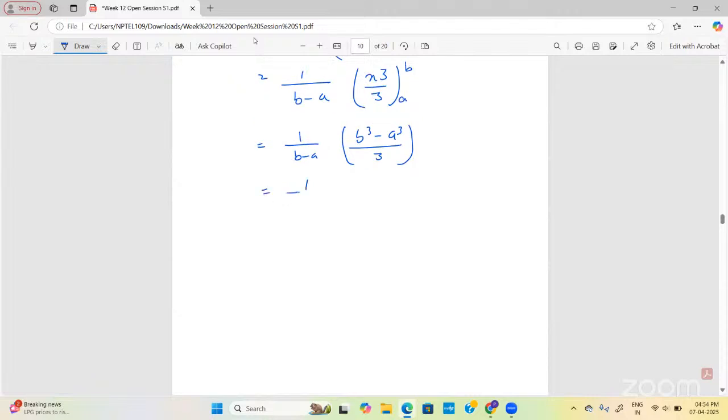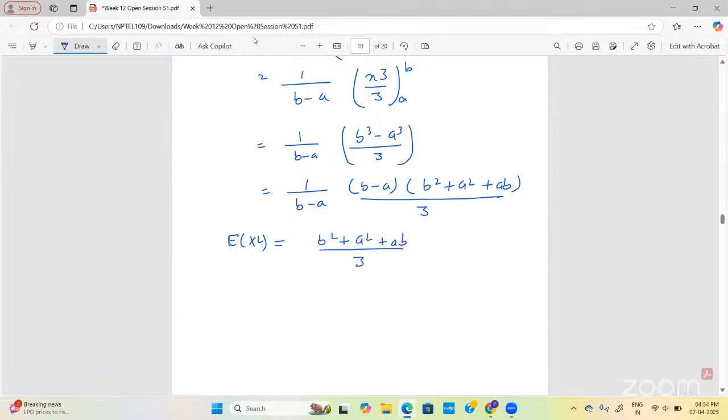Now you can open the formula for B cube minus A cube. It will be B minus A times B square plus A square plus AB, divided by 3. Again, B minus A will be cancelled out. So expectation of x square will be B square plus A square plus AB divided by 3.